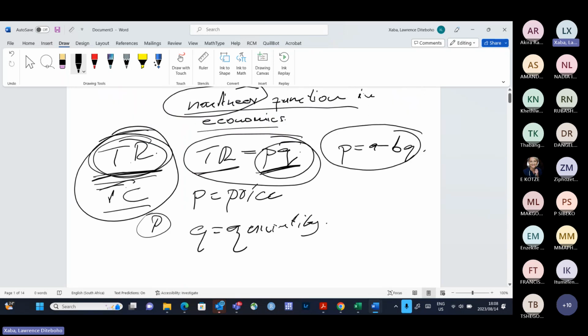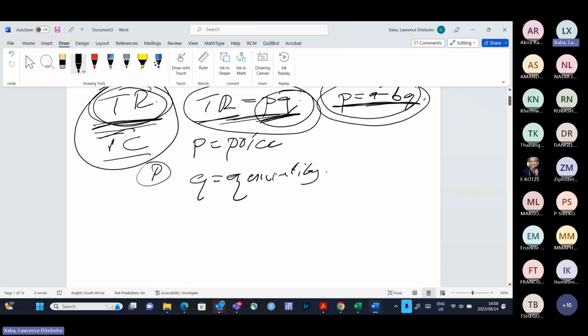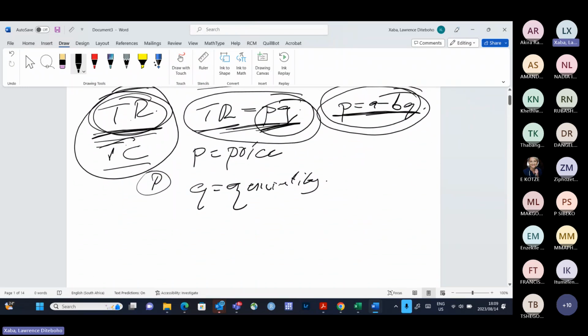Looking at the demand function, we are trying to derive our quadratic equation given this information: if P is equal to A minus BQ, then we look at the equation of total revenue, where TR is equal to P times Q, and our P is A minus B times Q.